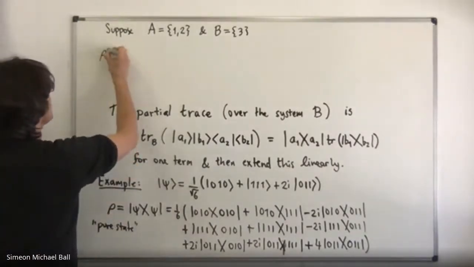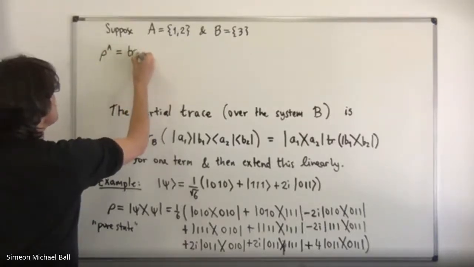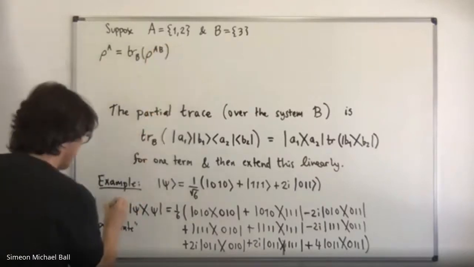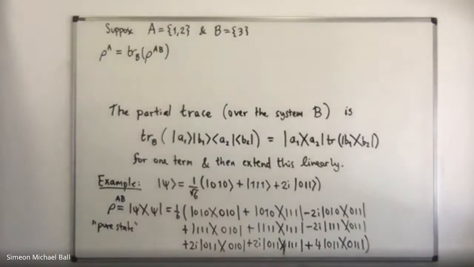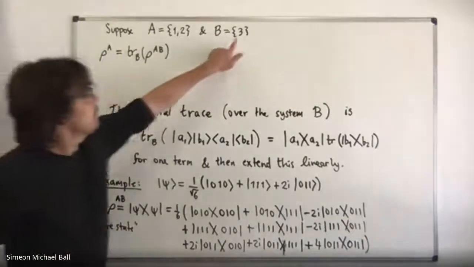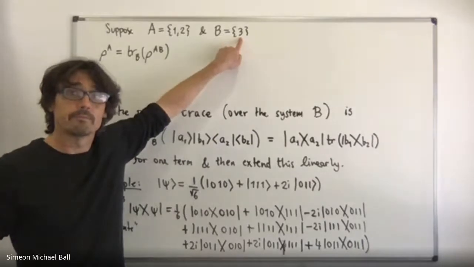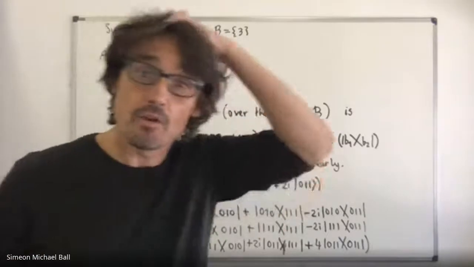So this is rho A, which is going to be the trace over B of rho AB. So this is rho AB, and we're going to trace over B. So we fix an orthonormal basis for the 3rd qubit. Okay, well, just to make our lives easier, we might as well take the computational basis.